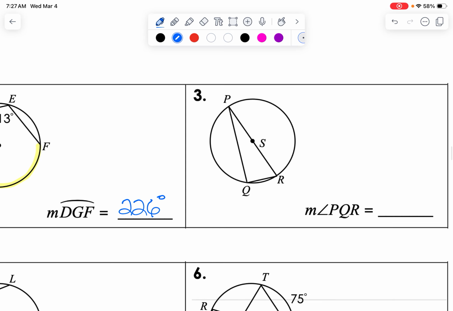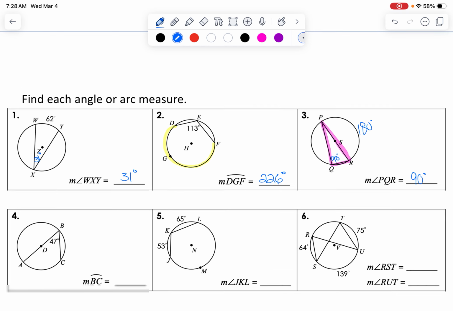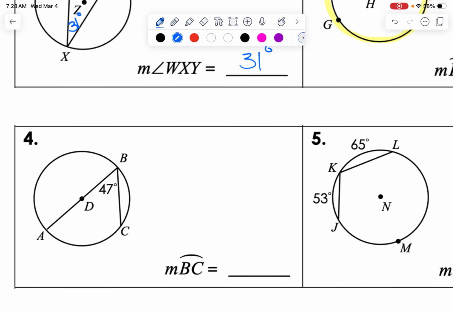Okay, PQR, that's that angle. You'll notice it opens up to this diameter again. So a diameter is 180 degrees on this side. So that means this has to be 90 degrees right here. Okay, just using one of those corollaries.